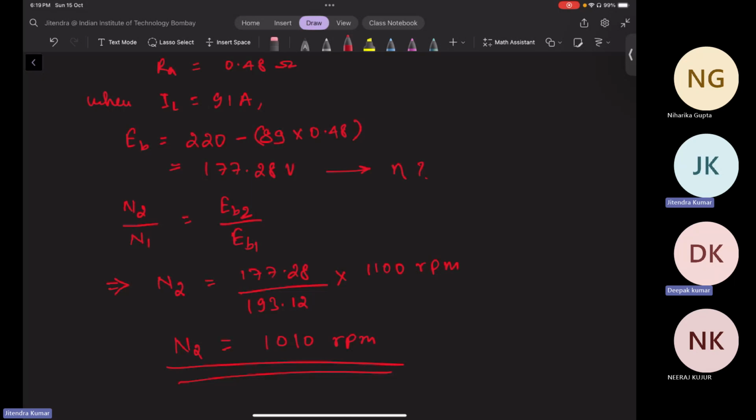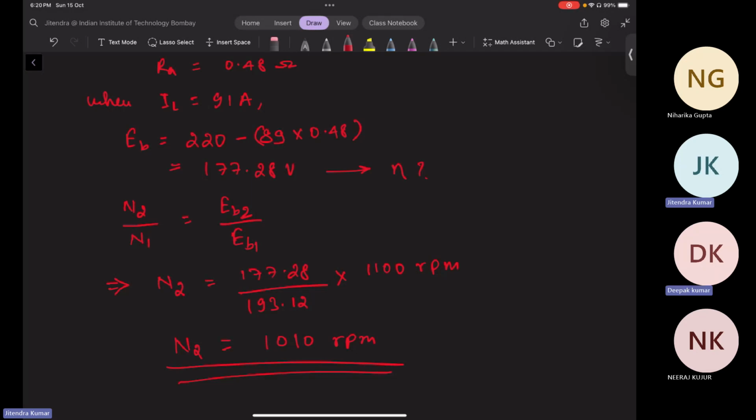Sir, in case of DC shunt motor, we only consider variable loss of armature resistance, but in case of series motor, we have to consider field resistance as well. Yes. So why is that? You tell me. Sir, I think in case of DC shunt motor, field current will get fixed, because it is connected directly to voltage, right? But in DC series motor, whenever you are changing the load, what is getting changed as well?